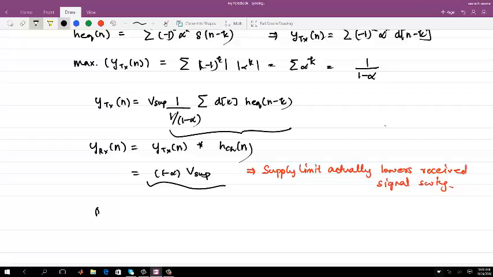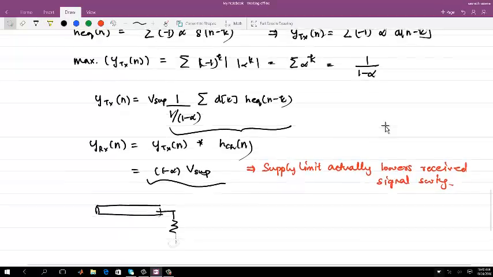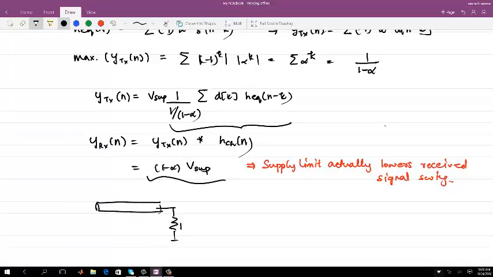So why are things not limited on the receiver side? Let's say this is the receiver end terminated by RT, and after this you put an equalizer. It's a linear system, so whether you put the same block on the transmitter or receiver, it should have the same effect.